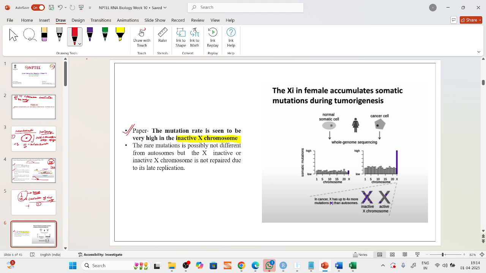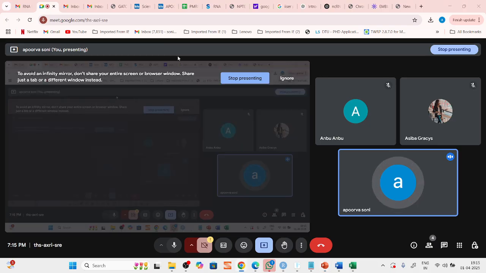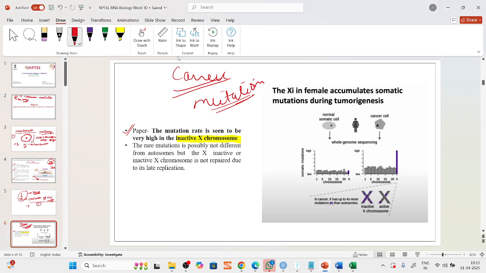So what this is meaning to say is that cancer means mutations. Okay. But even if we compare, those mutations are more in the inactive X chromosome as compared to autosomes. So you know that there are two types of cells in the body, germ cells and somatic cells.